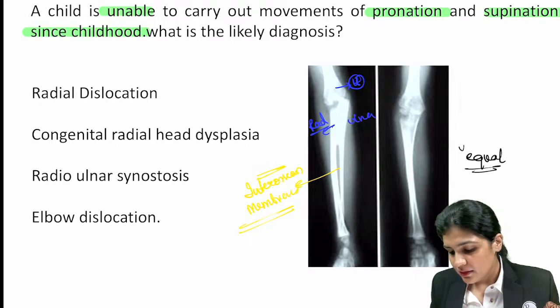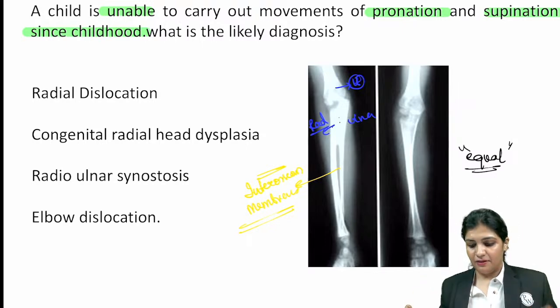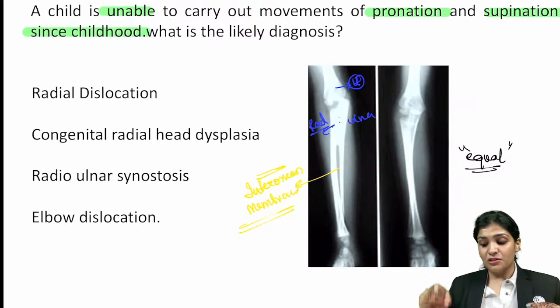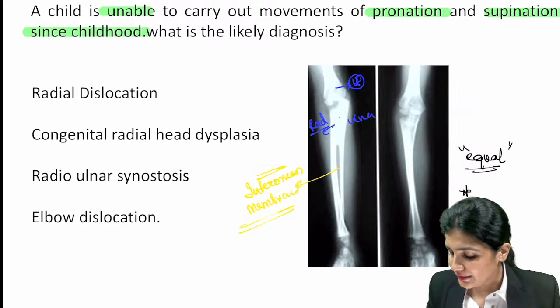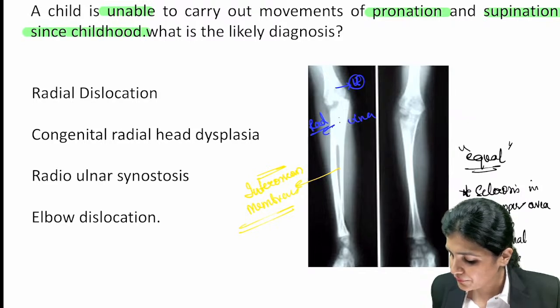If you see, the gap is completely seen here, but here it is absent. So why is it absent? Because it is filled with bone. You can see an area of sclerosis in the upper part, that is the proximal radio-ulnar area, right?